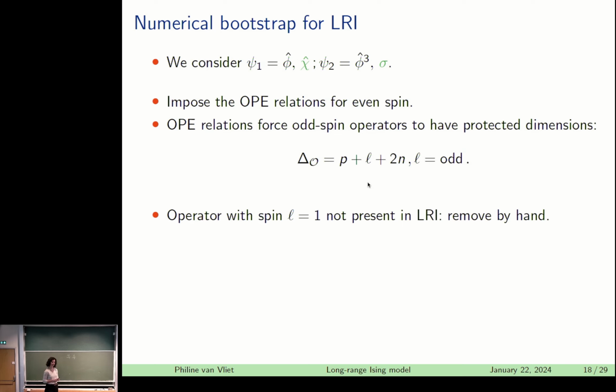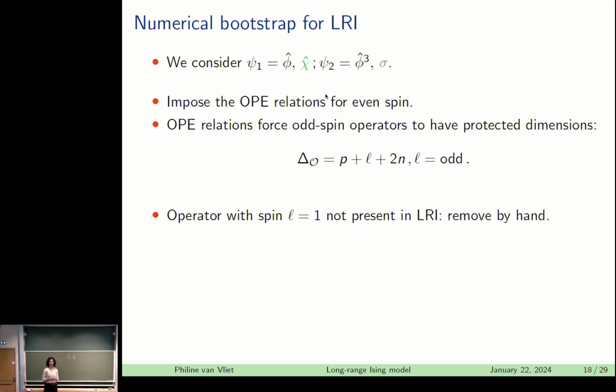In the short-range Ising model, would they appear or not? No, in the short-range Ising model, you wouldn't have this protected dimension. But also in the short-range Ising, you would also not have the protected dimensions of phi and phi cubed. So that is also not present there. At the short-range point, these operators decouple from the theory. Yeah, exactly.